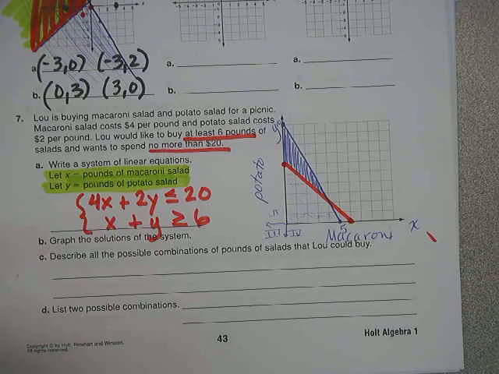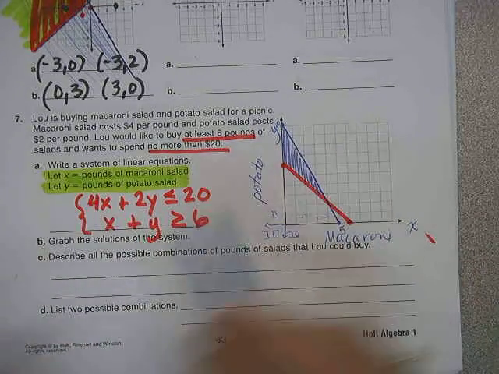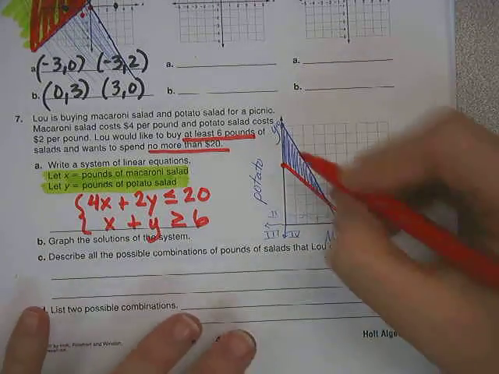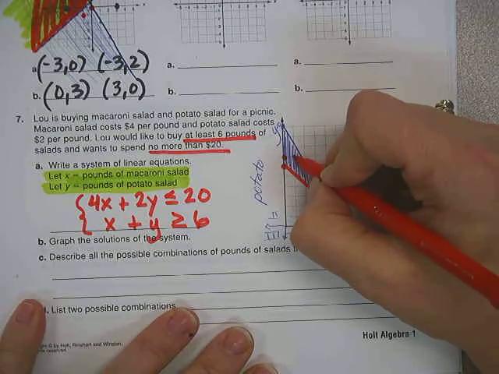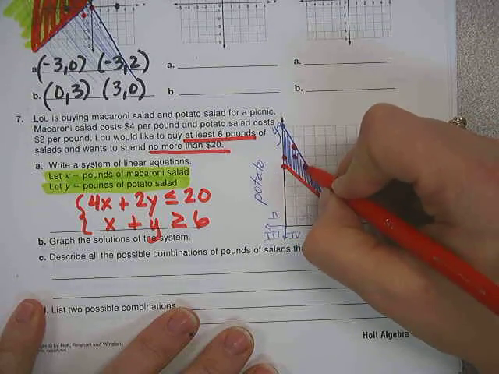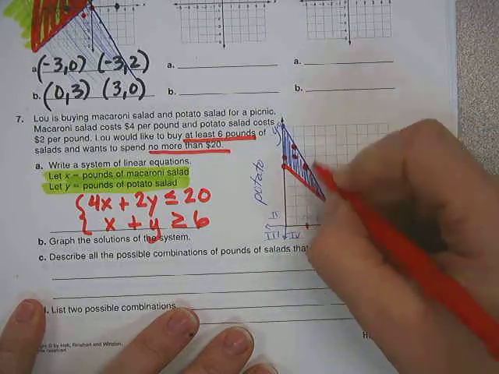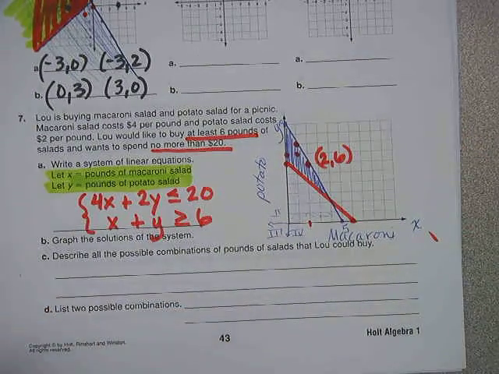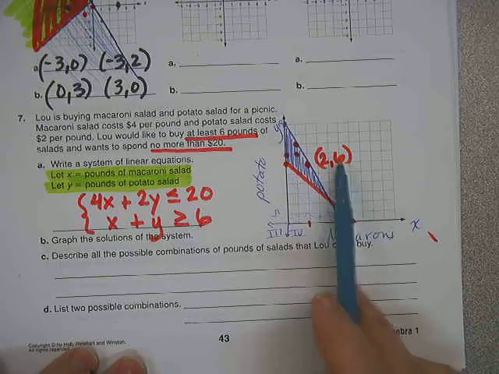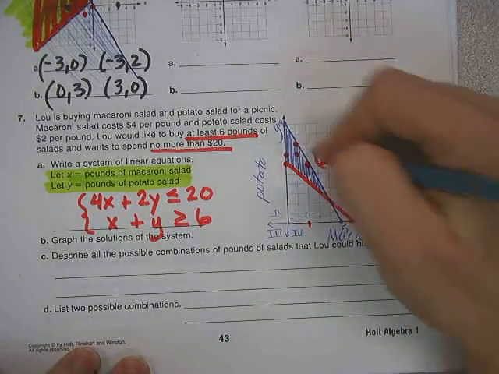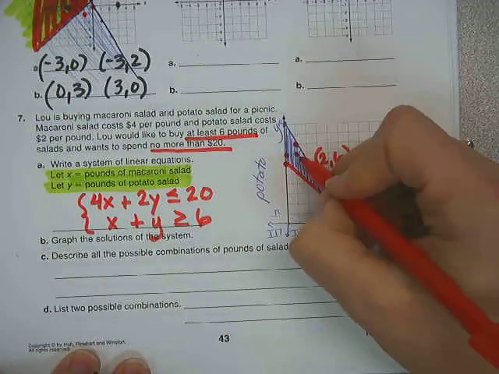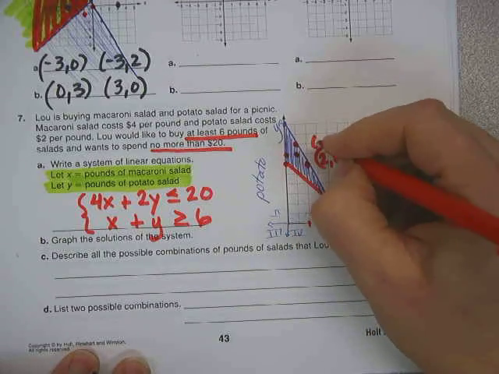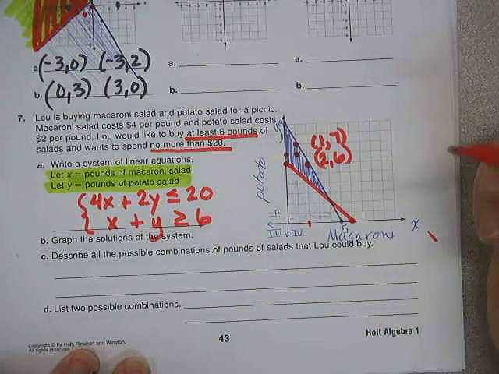Okay, now we're assuming that you can't buy half of a pound. I guess it doesn't really say that, so I guess anything in this ordered pair. So some possible solutions, just picking some easy ones. So you could get 2, 6, which means 2 pounds of macaroni, 6 pounds of potato.